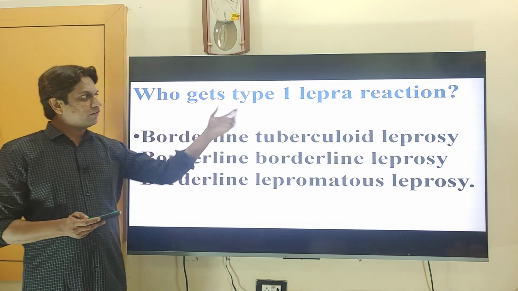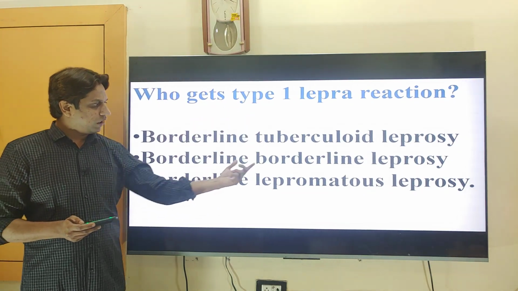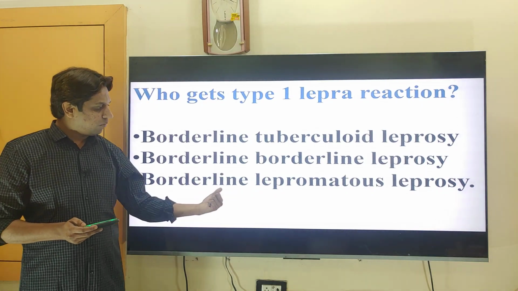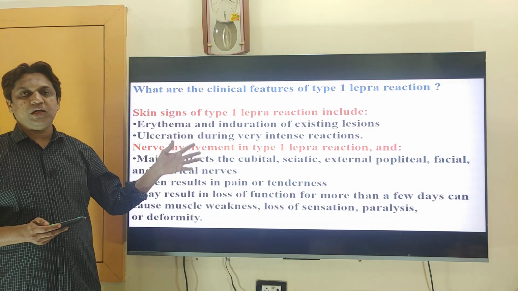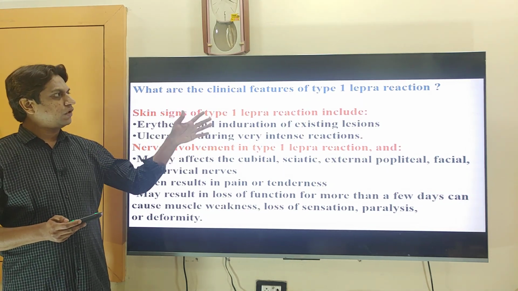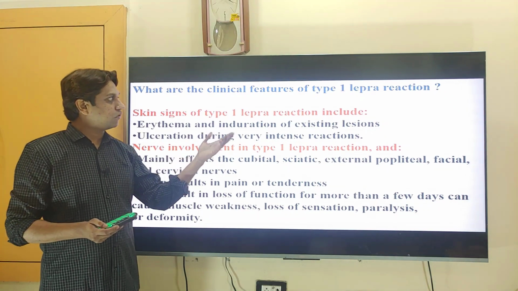So who gets this type 1 Lepra reaction? Borderline tuberculoid leprosy, borderline leprosy, and borderline lepromatous leprosy. These three types of leprosy patients will usually get this type 1 Lepra reaction. So what are the signs and symptoms, or the clinical features?